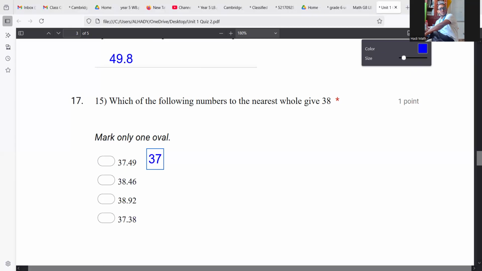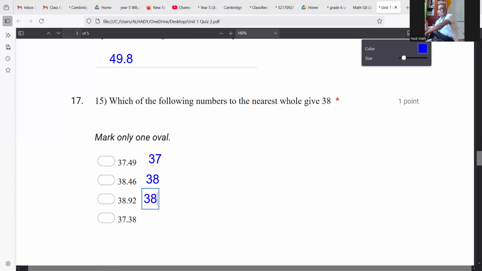When it is 4, you don't add anything to the 37, so it will be just 37. This one here is 38.46. The whole number is 38, and the first digit after the decimal point, the tenth, is 4. 4 is less than 5, so you're not going to add anything to the 38, so it will be just 38.